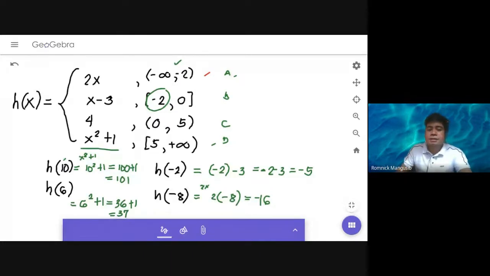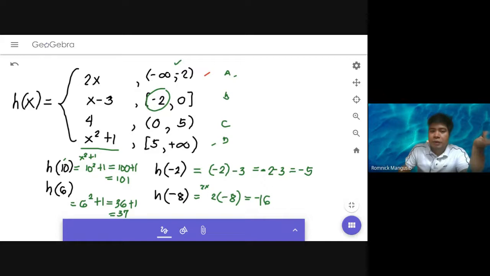You notice, class, that when you are evaluating piecewise functions, one of the conditions that you really need to satisfy is take a look into the subdomain as to what domain does the given x value belong. It's like in h of 10, 10 belongs to the set of numbers greater than 5. That's why we use letter D, x squared plus 1. 6 is a number greater than 5, so we use x squared plus 1 still.